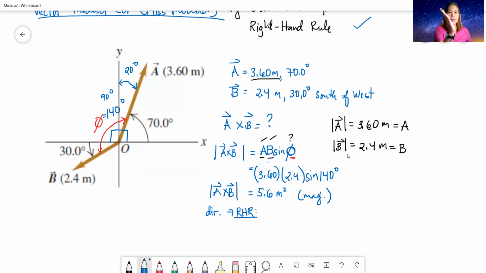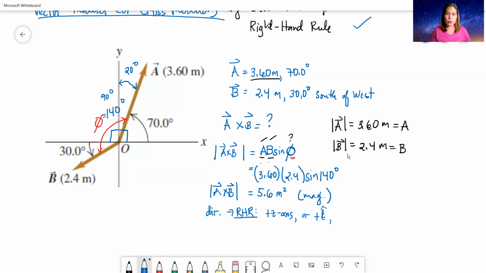I'll have my palm raised up so that from A, I'll curl my fingers downwards towards the direction of B. So the thumb is pointing at me. Therefore, the direction is away from the plane. So that's towards the positive Z axis, or I can also use towards positive k hat.